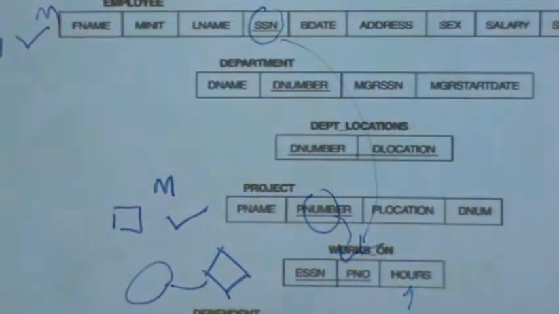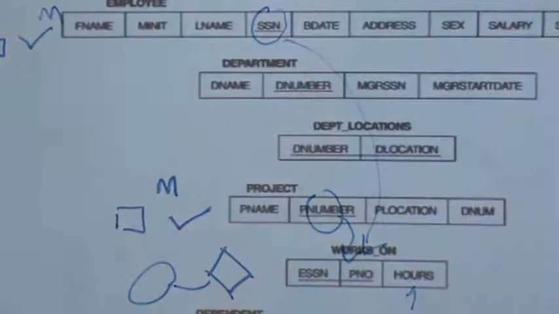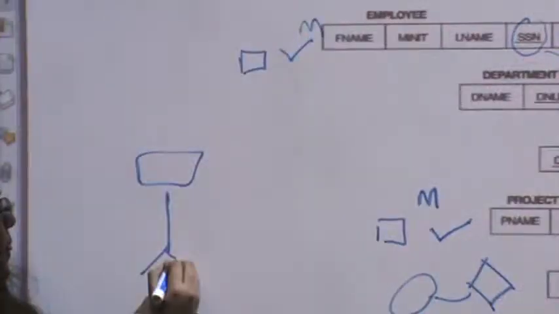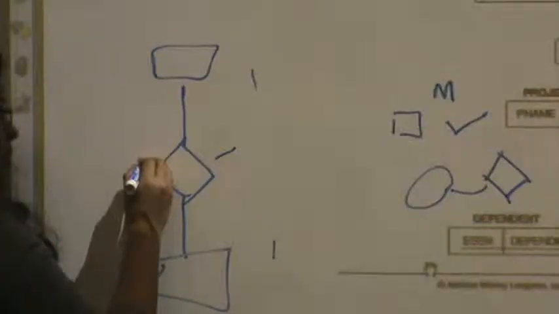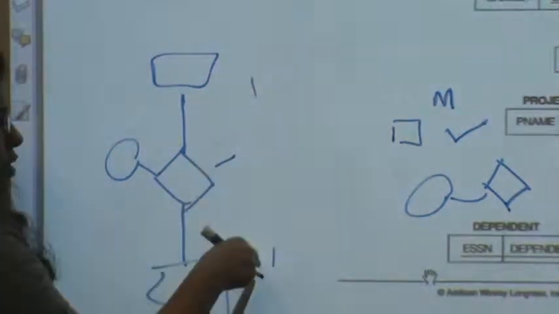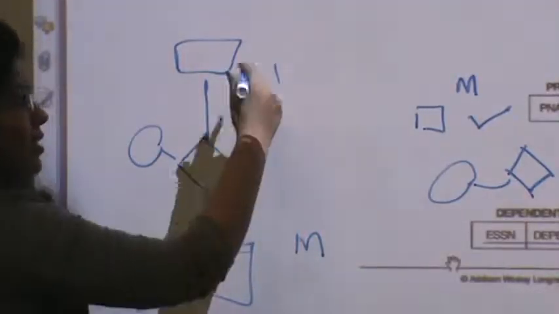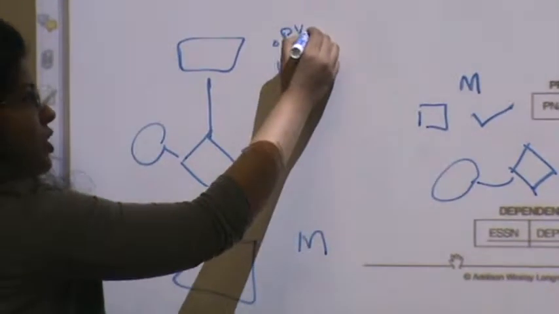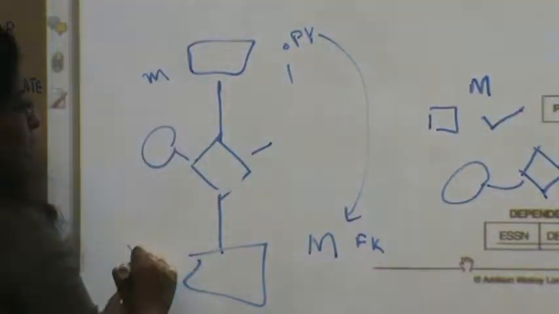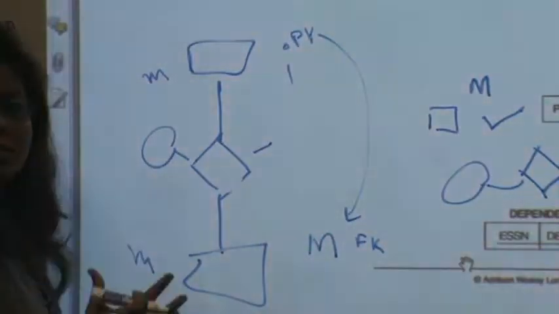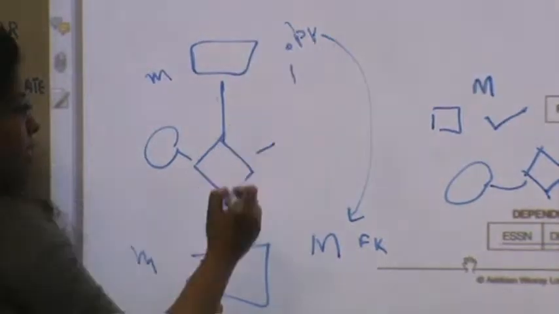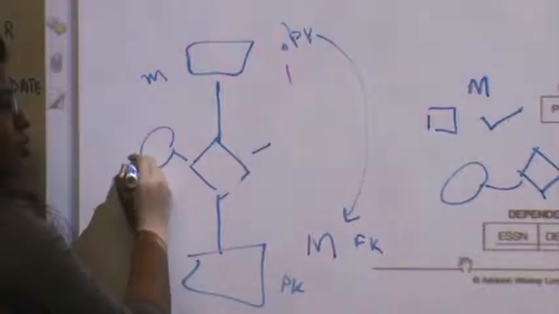If it's one-to-one, it doesn't need a separate table, assuming the relationship has no attribute of its own. If it's one-to-many, the primary key from the one side shifts into the other table and becomes a foreign key, right? But when it's many-to-many, the relationship needs to be a separate table, which takes both primary keys, and its own key as well. So here, works on is that piece.